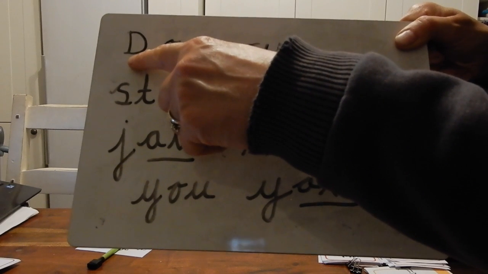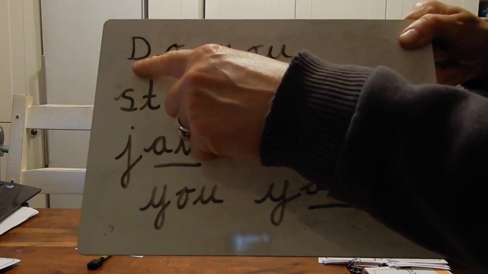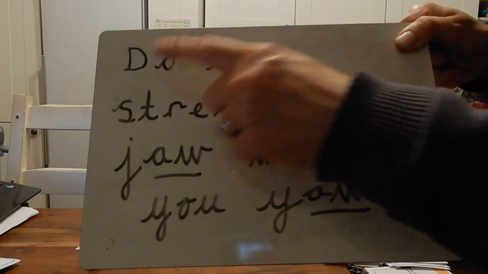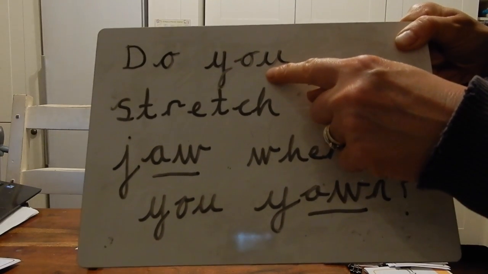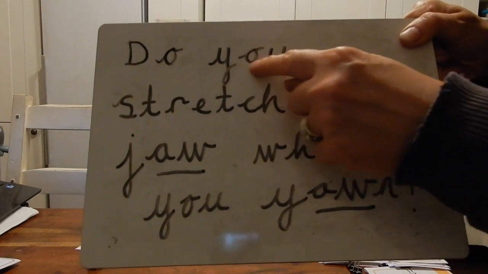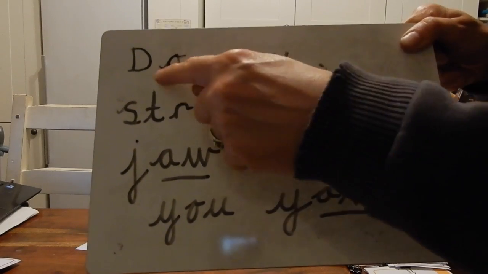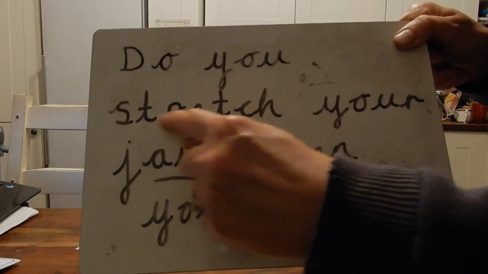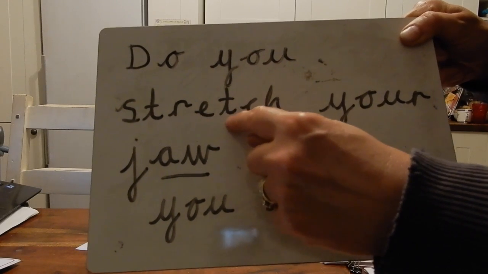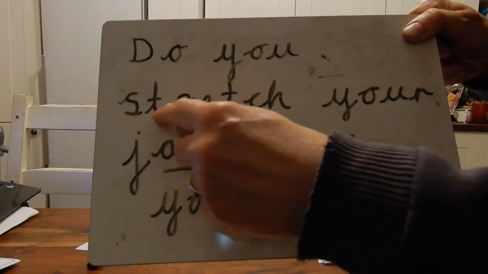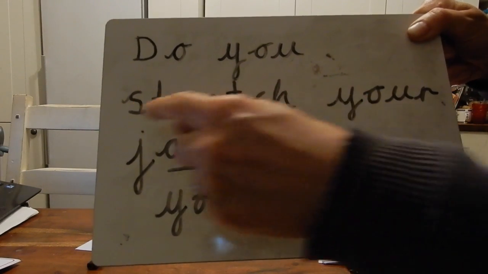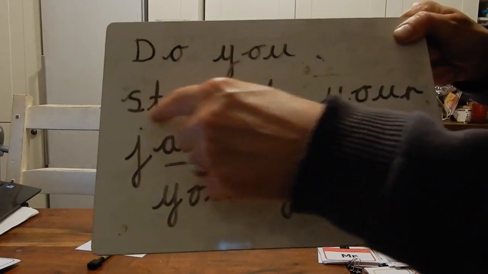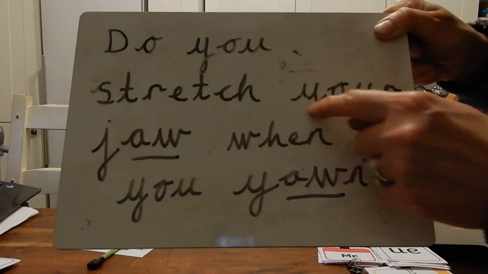So, common exception word with a capital D, which is fantastic at the beginning of our sentence. We've got do. And then we know this common exception word as well. You, is helping you making an oo sound. Do you stretch, stretch your.